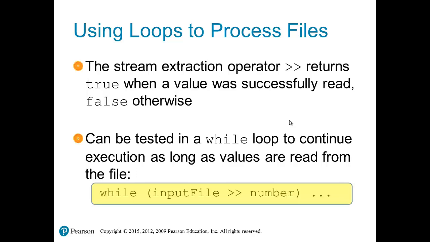Then it'll loop back around, it'll try to read the next item from the file. If it's successful, it'll process that data. And when it hits the end of the file, infile >> num will be false because it won't be able to read anything in. It'll stop the loop. This is what we want to have happen. We read in all the information from the file, and then we stop when there's no more information left in the file, and we can process each bit of information as we go through.